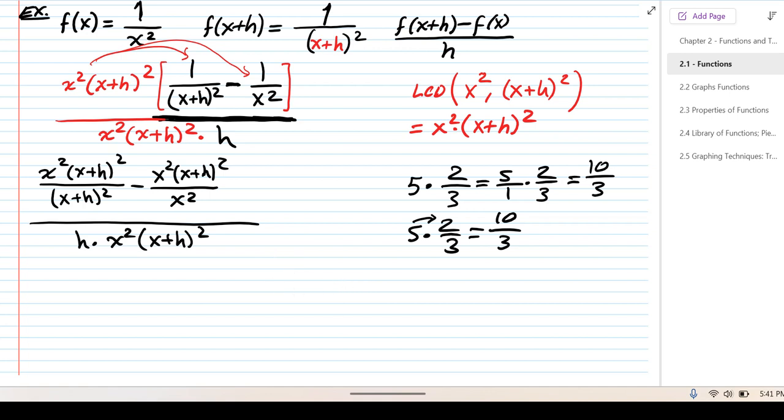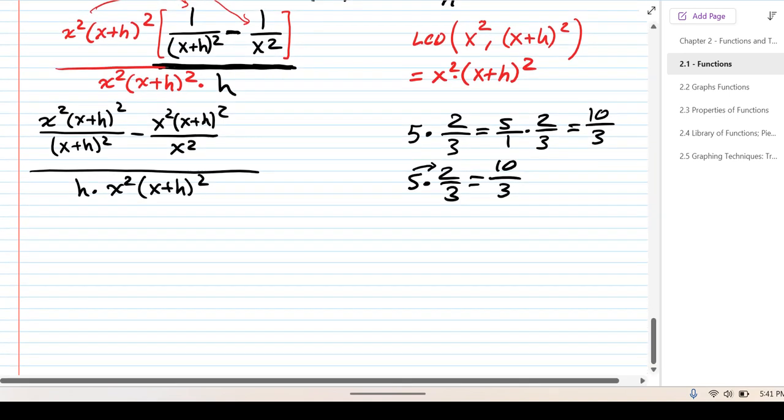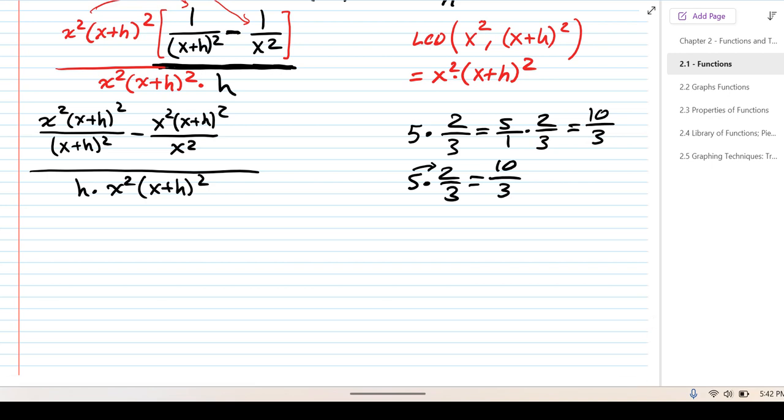Now, at this point, let's see, how did multiplying by the LCD help us here? Well, in the first fraction, I have common factors I can cross out. And in the second fraction, I have common factors I can cross out, right? So what's left?